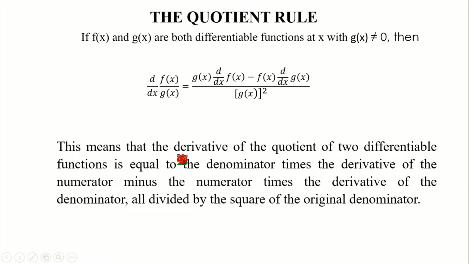This means that the derivative of the quotient of two differentiable functions is equal to the denominator times the derivative of the numerator minus the numerator times the derivative of the denominator, all divided by the square of the original denominator.